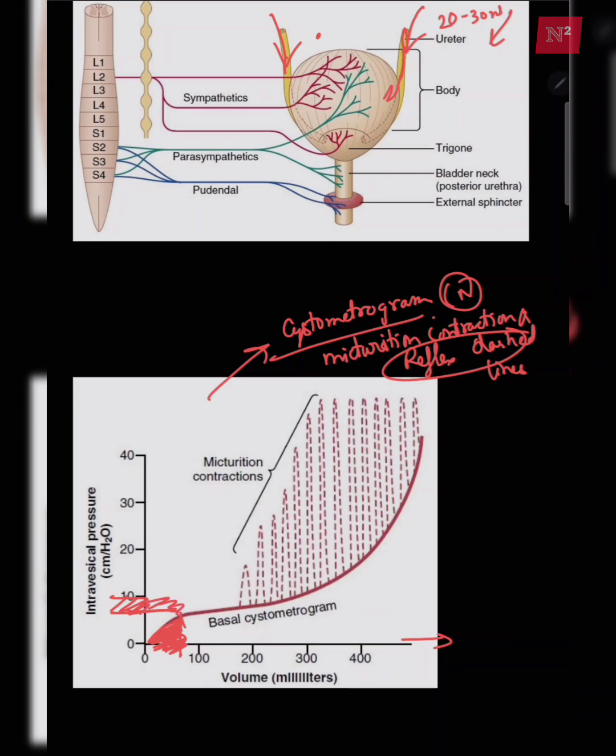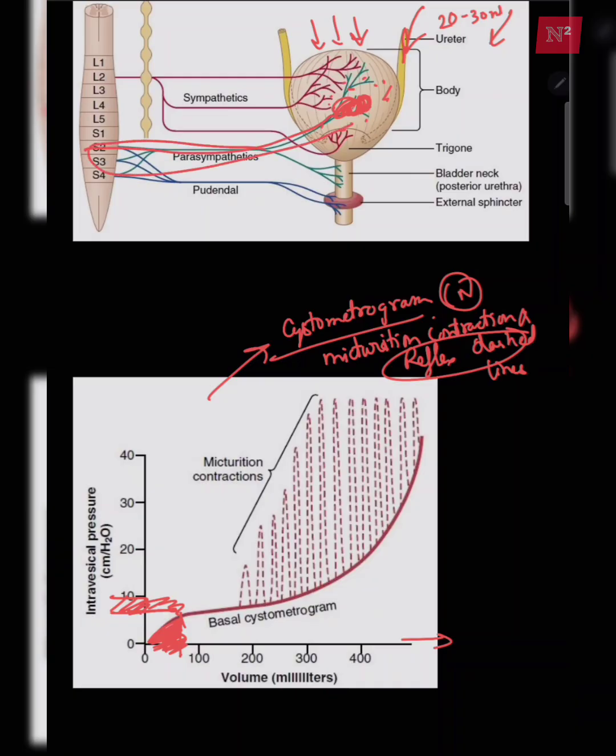Because when the urine comes from the ureter, the presence of the fluid volume increases the pressure inside the bladder, because there is tonic contraction of the muscles of the body of the urinary bladder. This constant pressure created by the muscle, as well as the presence of urine inside the bladder, leads to the genesis of the reflex arc.